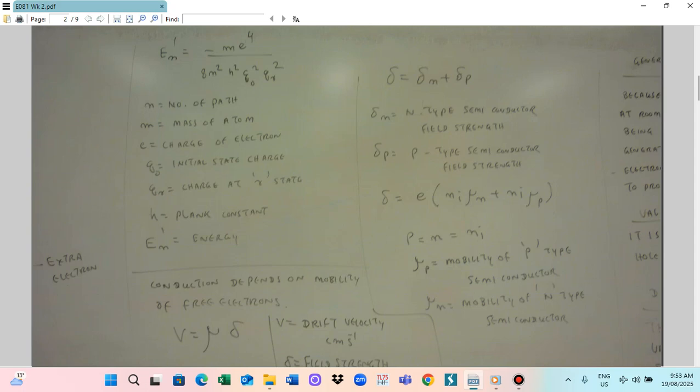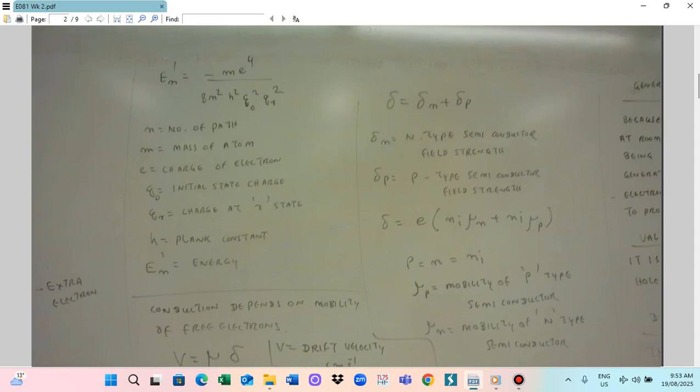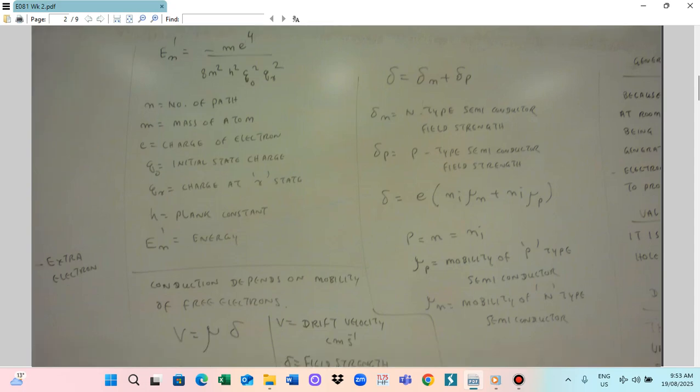So that's the energy equation. In this case, electrons in the semiconductor can be described by mobility. Mobility is determined by how many free electrons there are and how fast they move away.